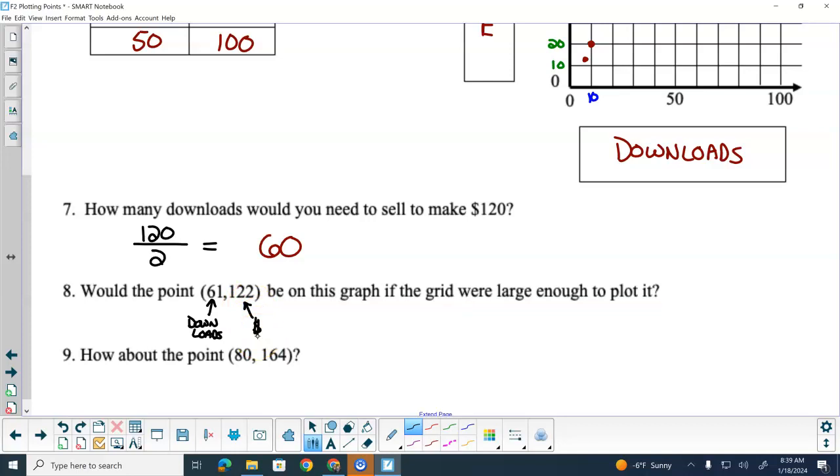Do you remember what we were doing to find all those numbers? Multiplying by 2. So what is 61 times 2? And that's what that other number is, right? So would that point be on our graph? Heck yeah, it would be.